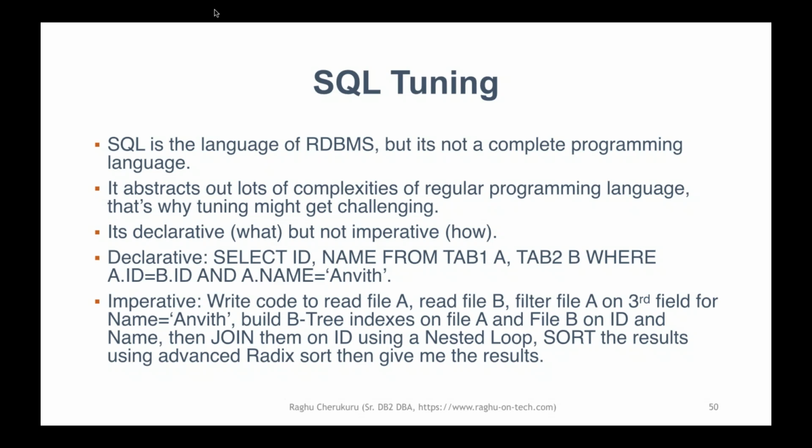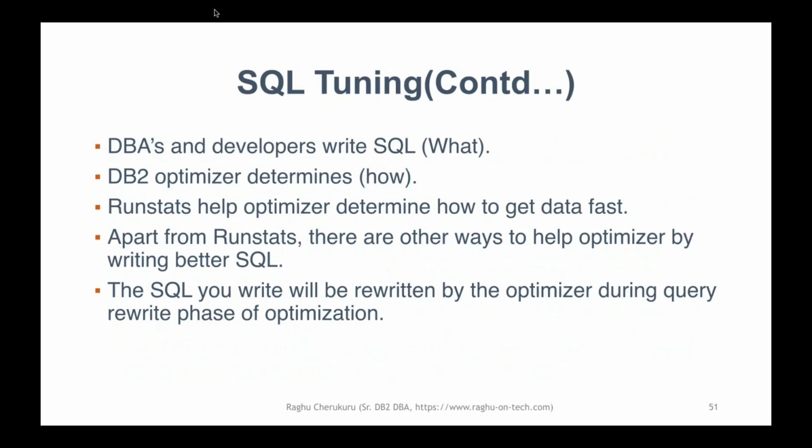It's very powerful. Developers don't have to do a lot of that stuff, but at the same time, because it hides a lot of complexities from DBAs and developers, it can be tricky to tune, especially if you write complicated SQL statements. So DBAs and developers write the SQL, and the DB2 optimizer determines how to execute that SQL.